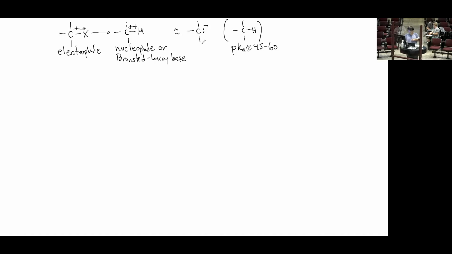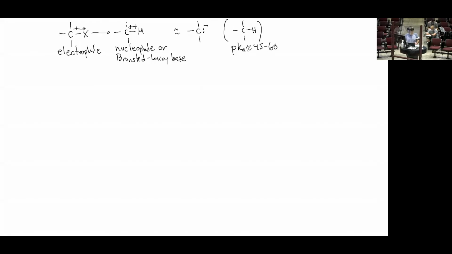But the way we know these are not just good, but superb Bronsted-Lowry bases, is by looking at the conjugate acid. The conjugate acid of a carbanion is just a species with a carbon-hydrogen bond. And as you know, carbon-hydrogen bonds are in general not very acidic at all, quite the opposite.